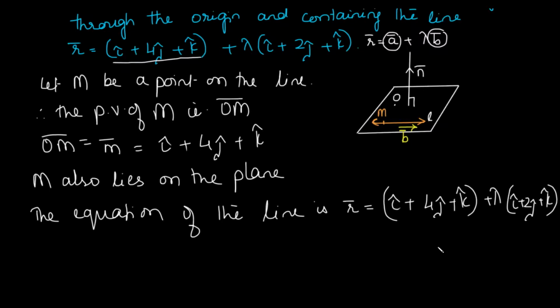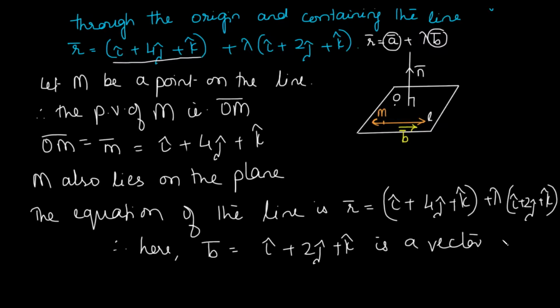From here we get the vector which is parallel to the line as this vector. So B bar = i + 2j + k is a vector parallel to the line.